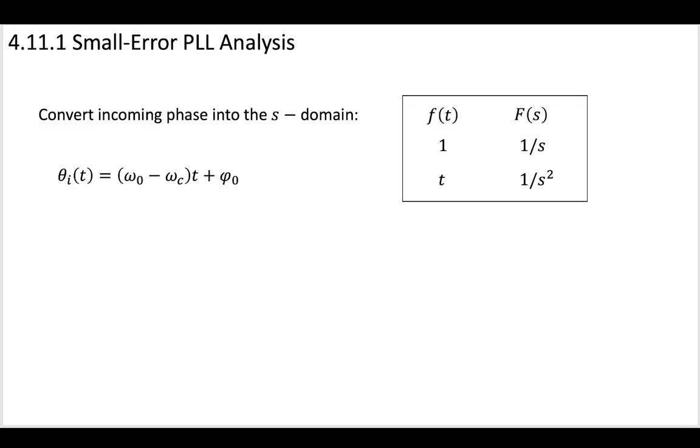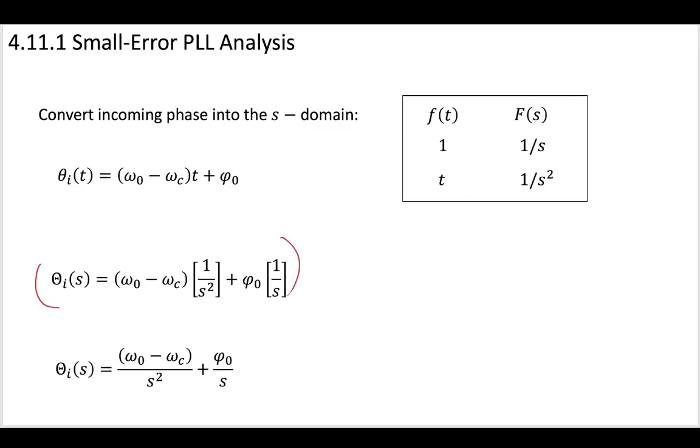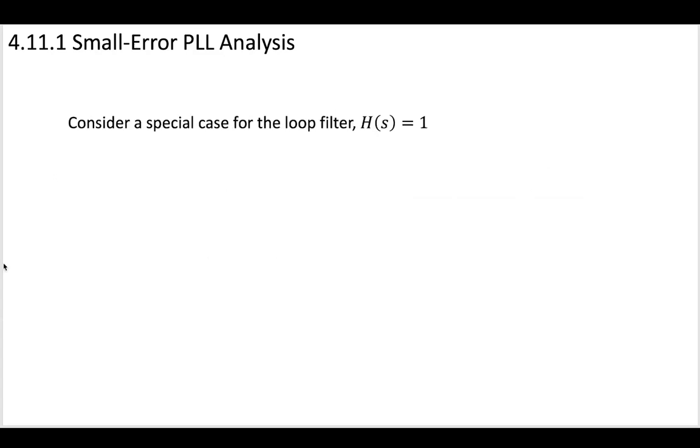Now we've got this input, and we're turning it into the S domain. And we can see now that based on this, we can rewrite the input in the S domain like this.